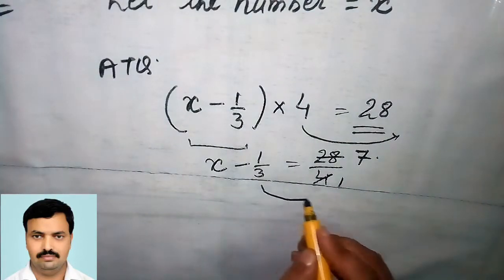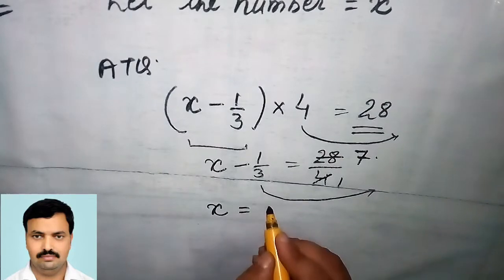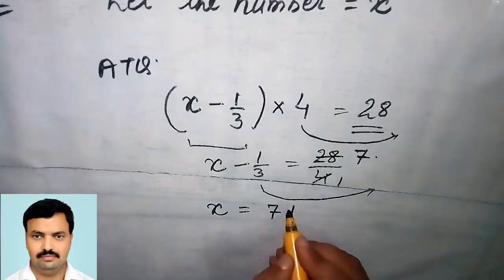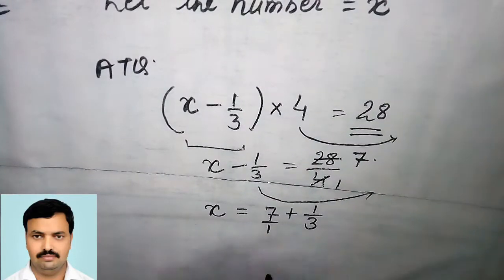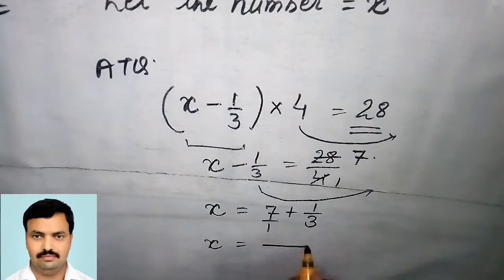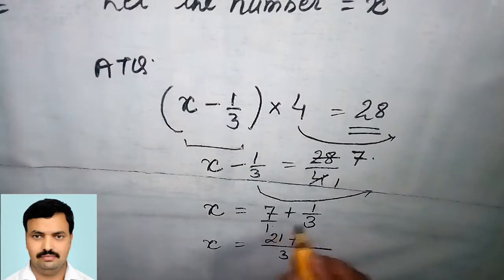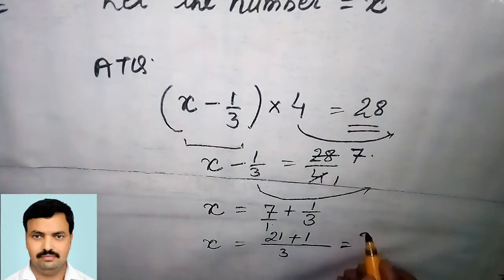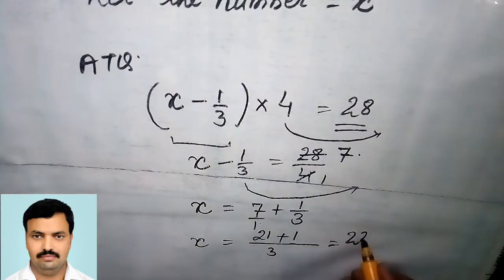Now take 1 upon 3 to the right. It will go in plus. So x will be equal to 7 plus 1 upon 3. Now take LCM. LCM will be equal to 3, and the value of x will be 3 7s are 21 plus 1, 1 ones are 1, equals 22 upon 3.